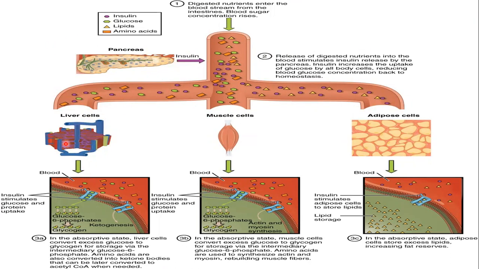In the muscle cells, insulin stimulates glycolysis and glycogenesis. It also increases the uptake of amino acids, which leads to protein synthesis, and glycogenesis is the conversion of glucose to glycogen for energy.